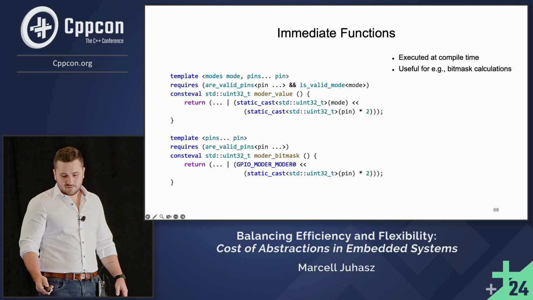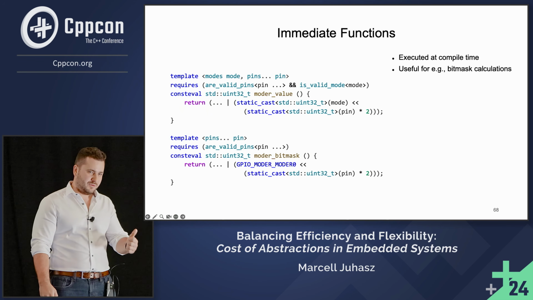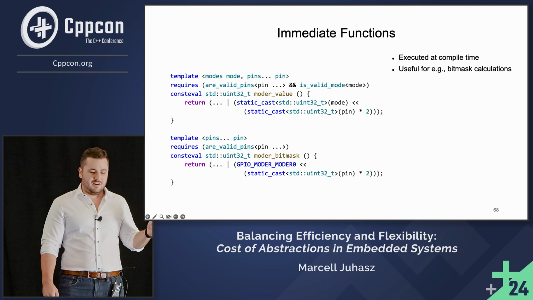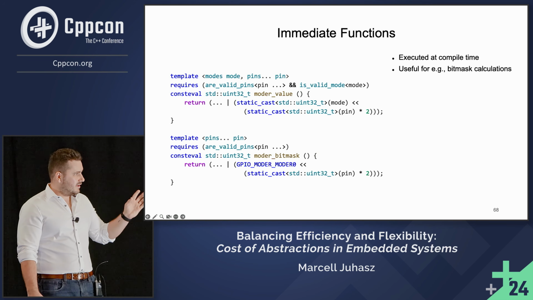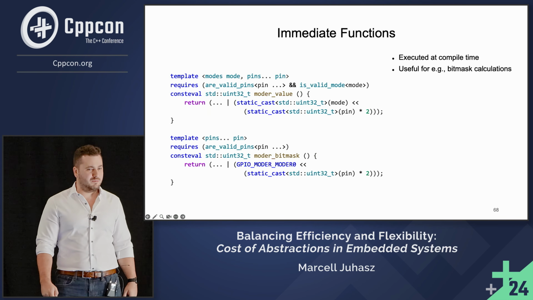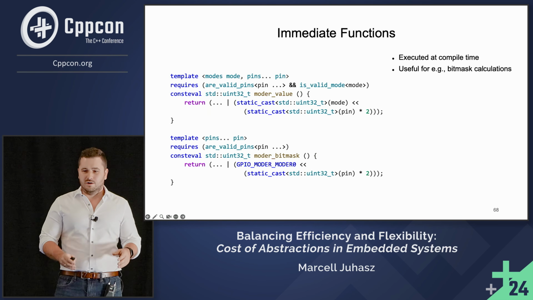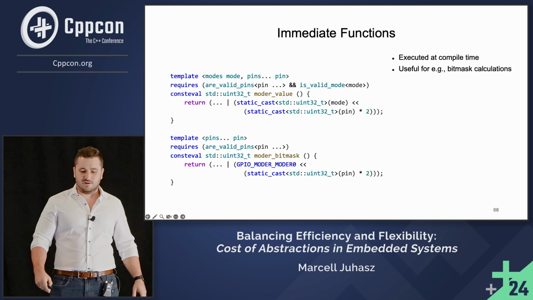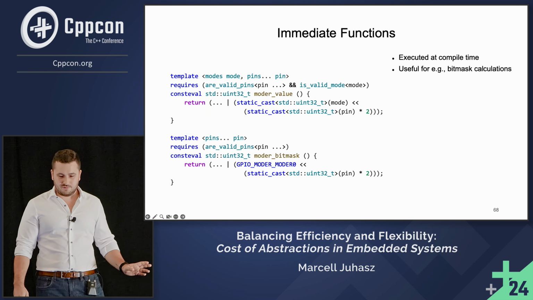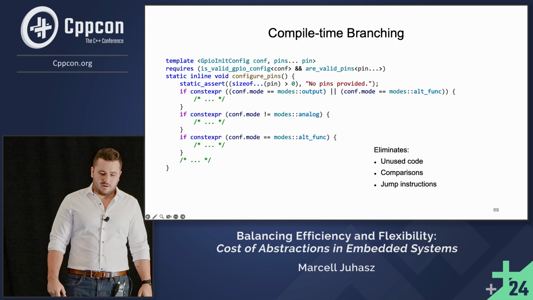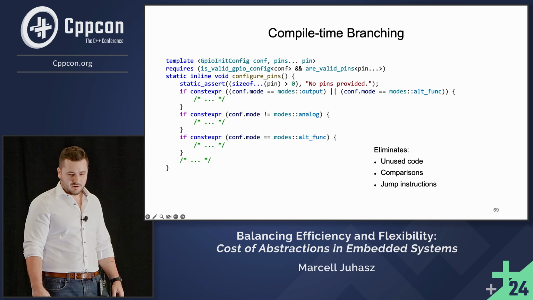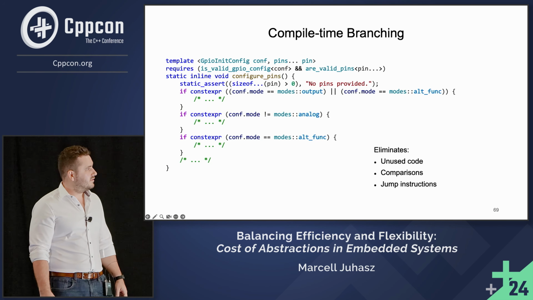And if you use these in combination with concepts, templates, and fold operations, then you can calculate bitmasks even for, for example, a set of pins and not just a single pin at a time. So it's very powerful.